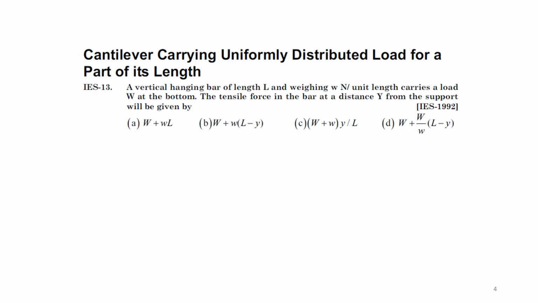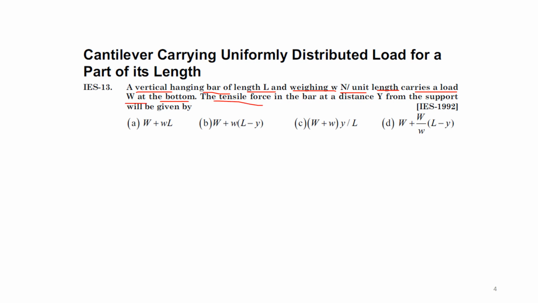The next question, it's like a direct formula question. Okay, so there is not much explanation required. Just we have to remember the formula. So a vertical hanging bar of length L, weighing w Newton per unit length, carries a load W at the bottom.